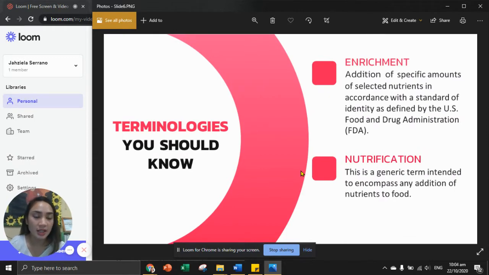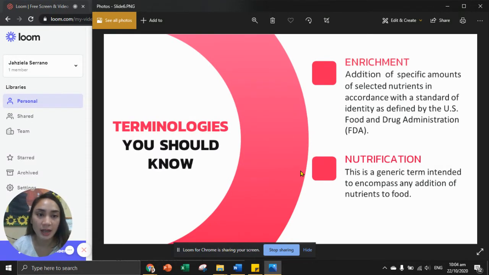Third terminology, enrichment. Addition of specific amounts of selected nutrients in accordance with the standard of identity defined by US FDA, no? So dito naman meron lang specific amounts selected nutrients. So dito mapapansin nyo maraming mga foods, especially yung mga packaged foods na nakalagay, for example, vitamin A enriched or vitamin B enriched.